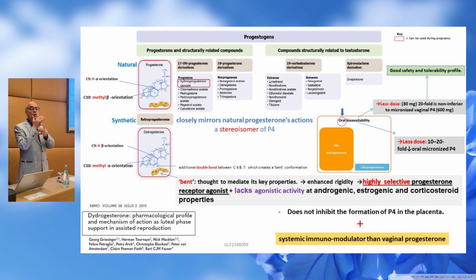This is number one. Number two, it has high bioavailability, also due to the change in the configuration of this molecule. So high bioavailability reaching up to 28%, while the natural progesterone has just 5% bioavailability. So you cannot give natural progesterone capsules of 10 milligram or 20 milligram, because of this 5% bioavailability.